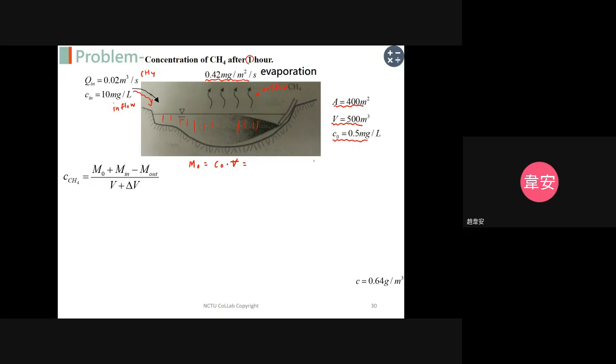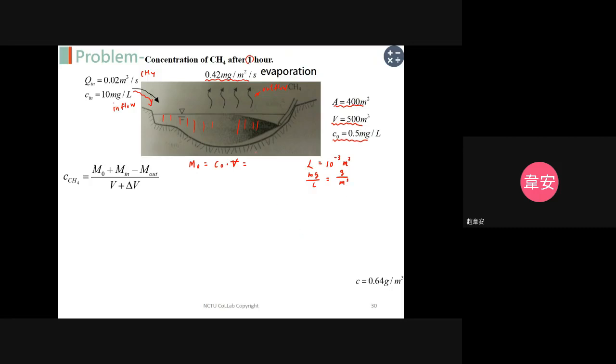So notice that the unit is a little different. The L, liters, is equal to 10 to the minus 3 cubic meters. So mg divided by L, usually you can transfer the unit to g divided by cubic meter.